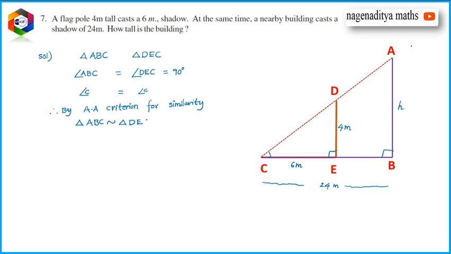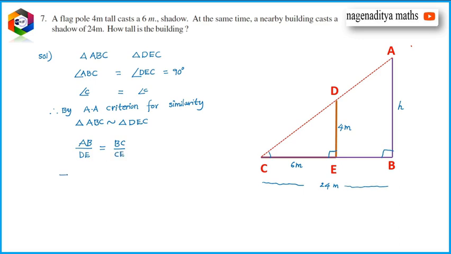Whenever the given two triangles are similar, we know that the corresponding sides are in proportion. So here the side corresponding to AB is DE and the side corresponding to BC is CE. So AB by DE is equal to BC by CE.